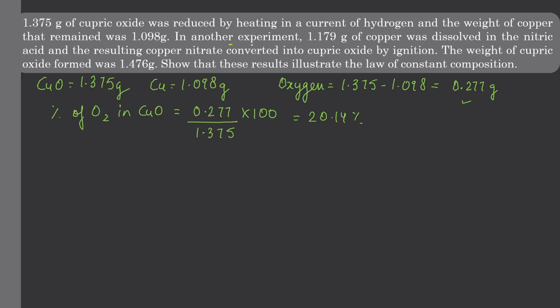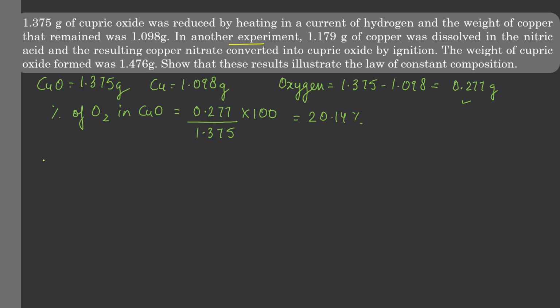Now what is given to us in the other experiment? 1.179 gram of copper was dissolved in nitric acid, and the resulting copper nitrate converted to cupric oxide by ignition. The weight of the cupric oxide formed was 1.476 gram. Show that these results illustrate the law of constant proportion.